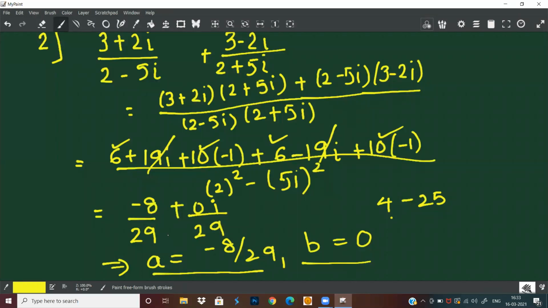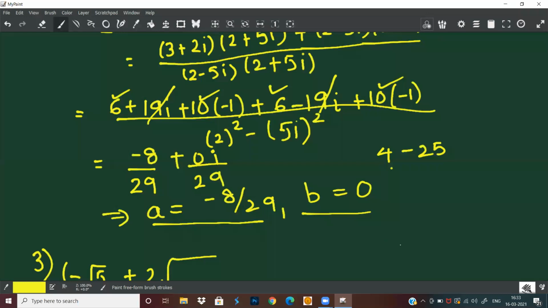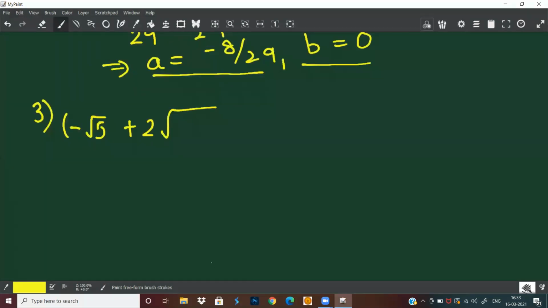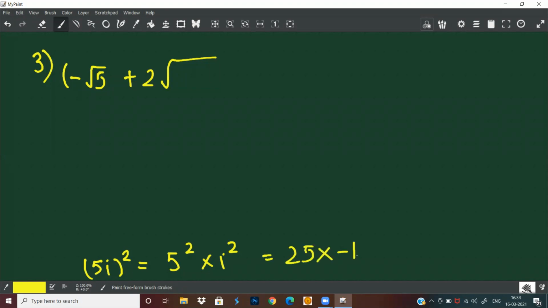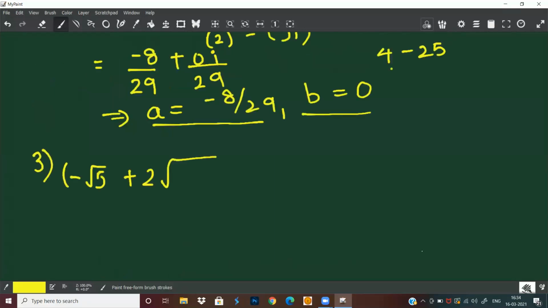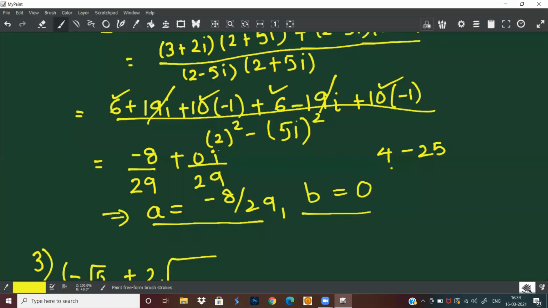You want me to explain how to get the square of 5i? Wait. See, it is 5i. The whole square is 5 square into I square, which is 25 into minus 1, which is minus 25. Okay. So what I have done here now, this is 4 and this is minus 25.